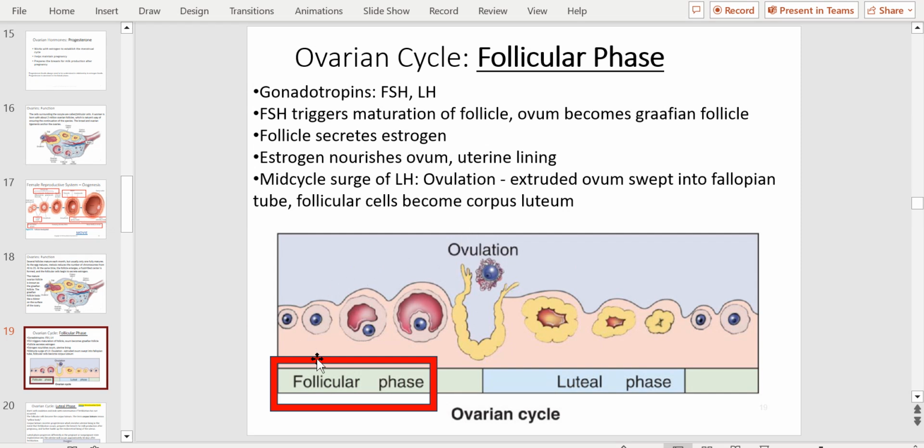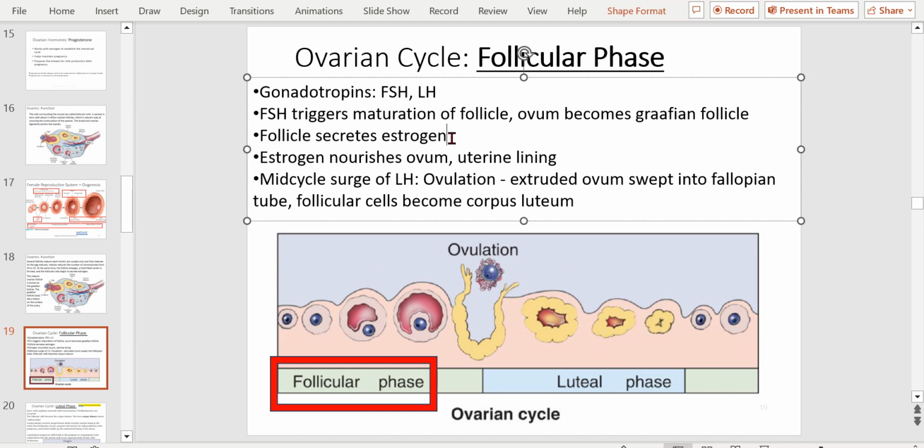The follicular phase, the development of the follicle. We've got gonadotropins: follicle-stimulating hormone and luteinizing hormone, big time. The follicle-stimulating hormone triggers maturation of the follicle. The ovum becomes a Graafian follicle.